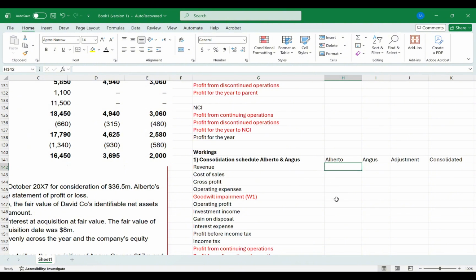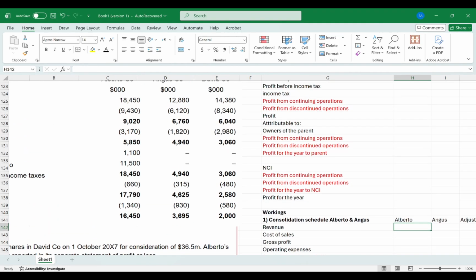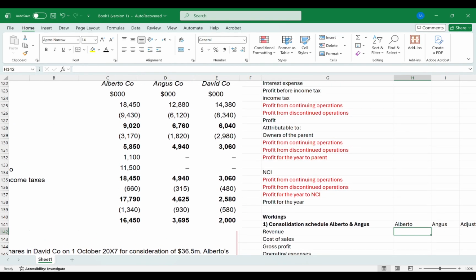So let's start with the revenue. If you see the revenue here, the parent, it is 18,450. Then cost of sales 9,430. Then we have the operating expenses 3,170. Then investment income 1,100.